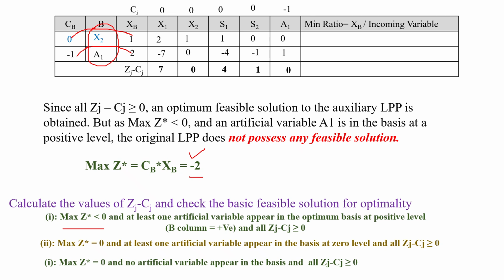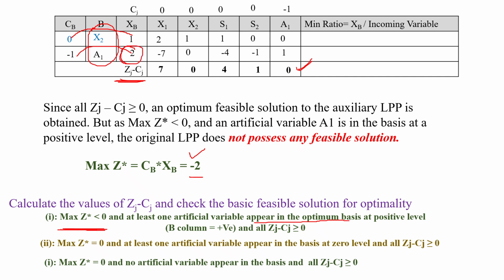So we got all the Zj minus Cj values positive. After getting positive values, we have to check the other conditions, that is, whether maximum Z star is equal to 0 or less than 0, or any artificial variable appears in the basis. Here all Zj minus Cj values are positive, but the Z star value is less than 0 and an artificial variable appears in the basis at a positive level.